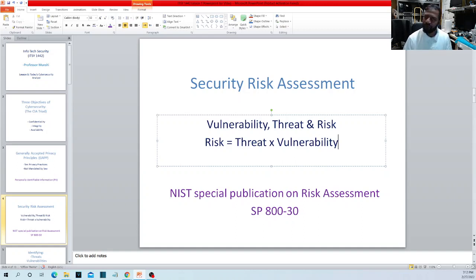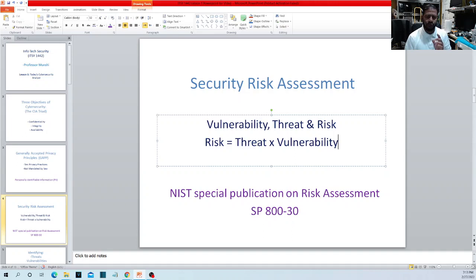For example, if you are in a place where earthquakes never happen, never happened in the past, and are never expected to happen, but the building that you are in is not strong enough to withstand an earthquake.